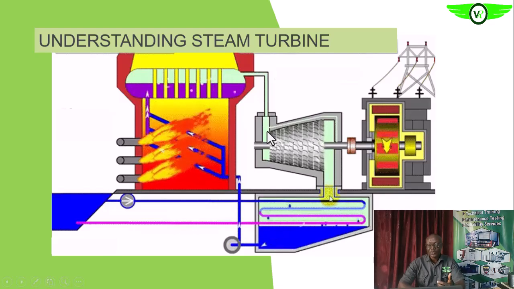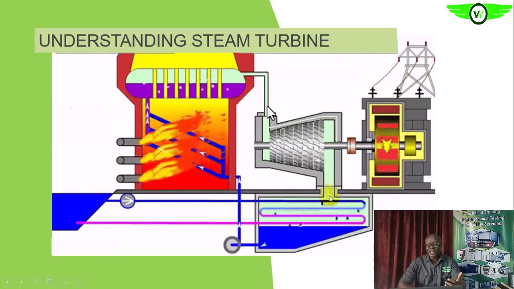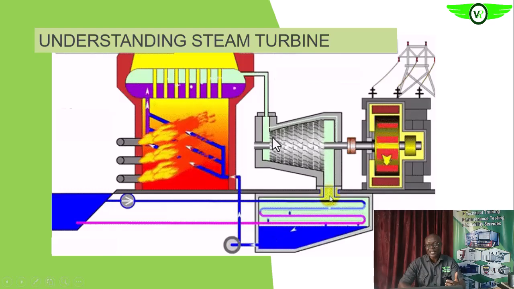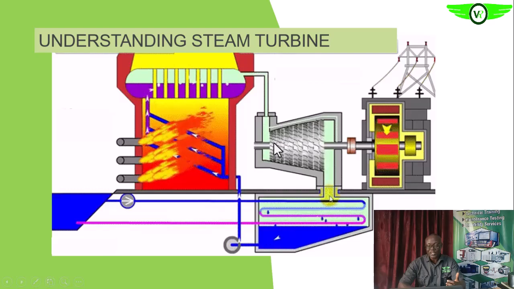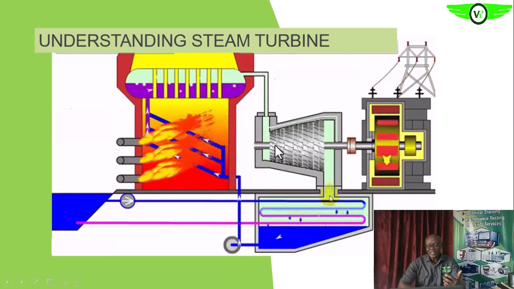So we have seen the generation of the steam, then the admission of steam into the steam turbine. Here the nozzle throttles that steam, and as it impinges on the rotor, it is converted into rotating mechanical energy by the turbine.